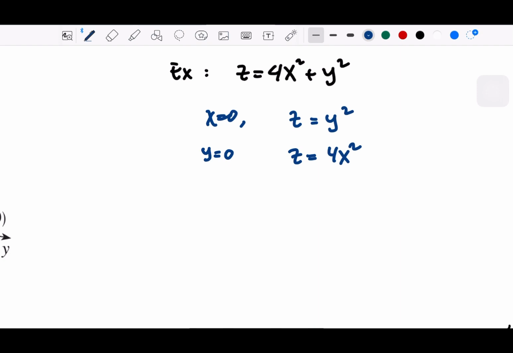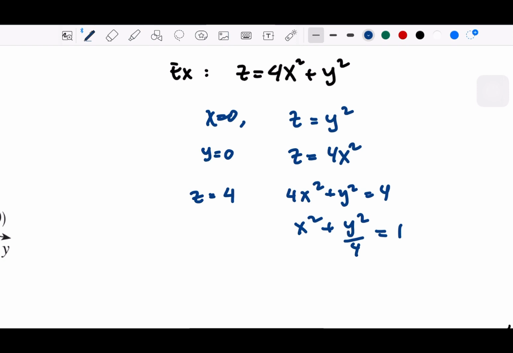And of course, if we take z as a constant, let's say 4, so 4x squared plus y squared equal 4, and x squared plus y squared over 4 is equal to 1.